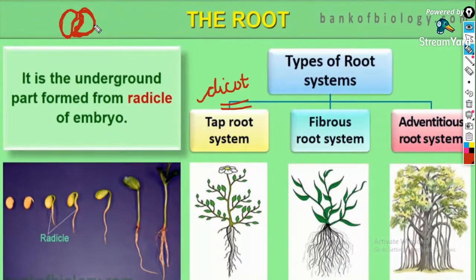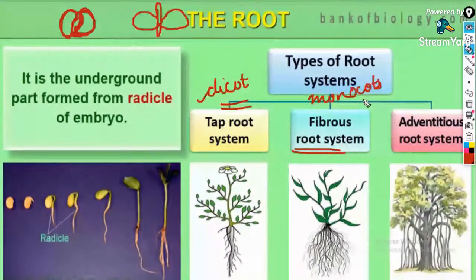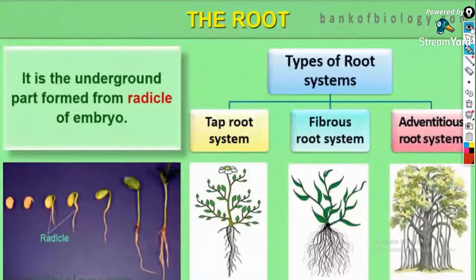When you open this one seed, you will have a structure like this, right? You will see these structures in the later part of the chapter. So dicot means they have two cotyledons, and the fibrous root system is the characteristic of monocot plants. For example, grasses, rice, wheat, all such plants, you will see the fibrous root system.